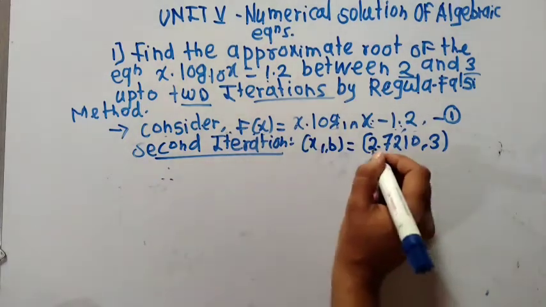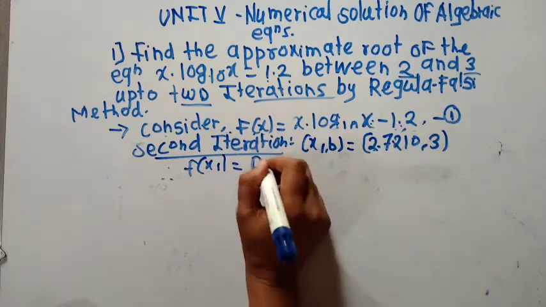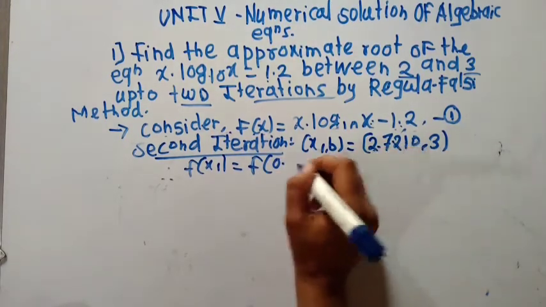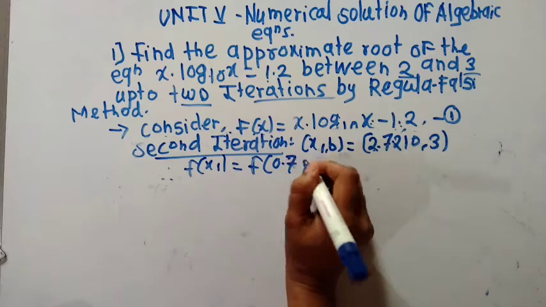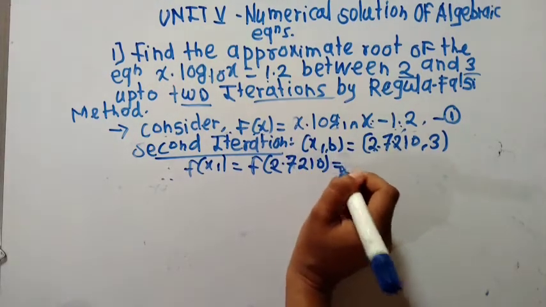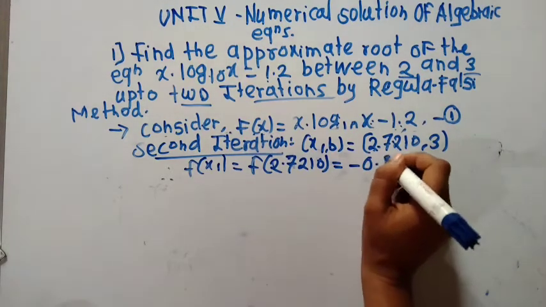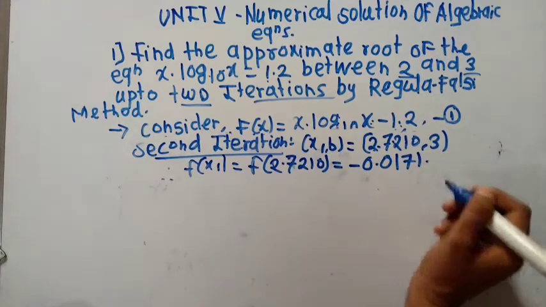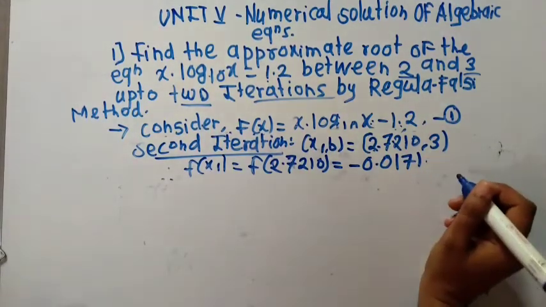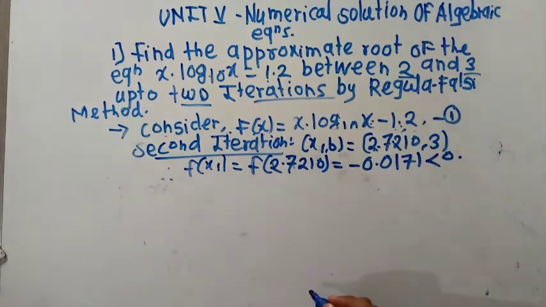So here we know that f of x1, which is equal to f of 2.7210, is equal to minus 0.0171, and it is less than 0.